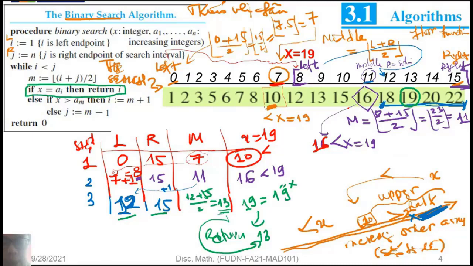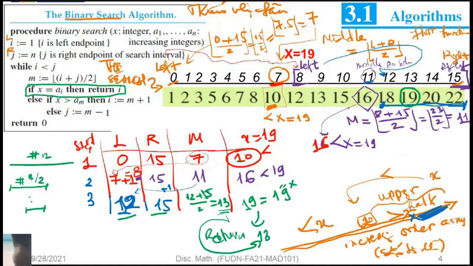The binary search algorithm is more efficient than the linear search algorithm because after each step we restrict the search to half. In the first step, we search in the array of length n. In the second step, we search only in the subarray of length n divided by 2.